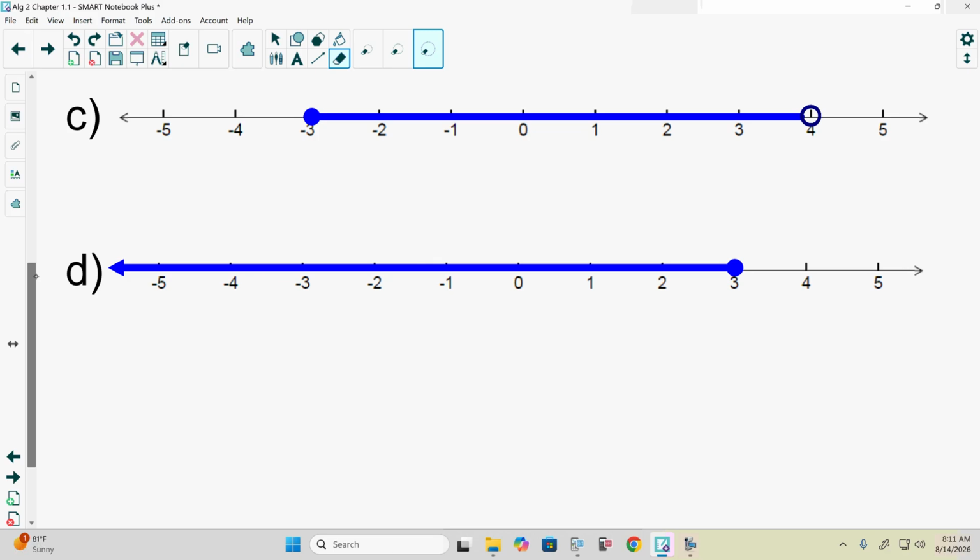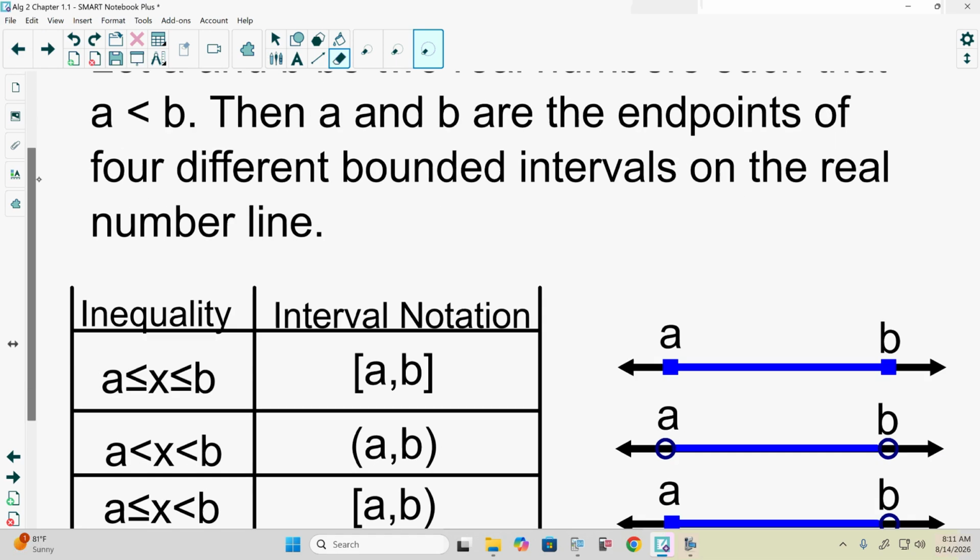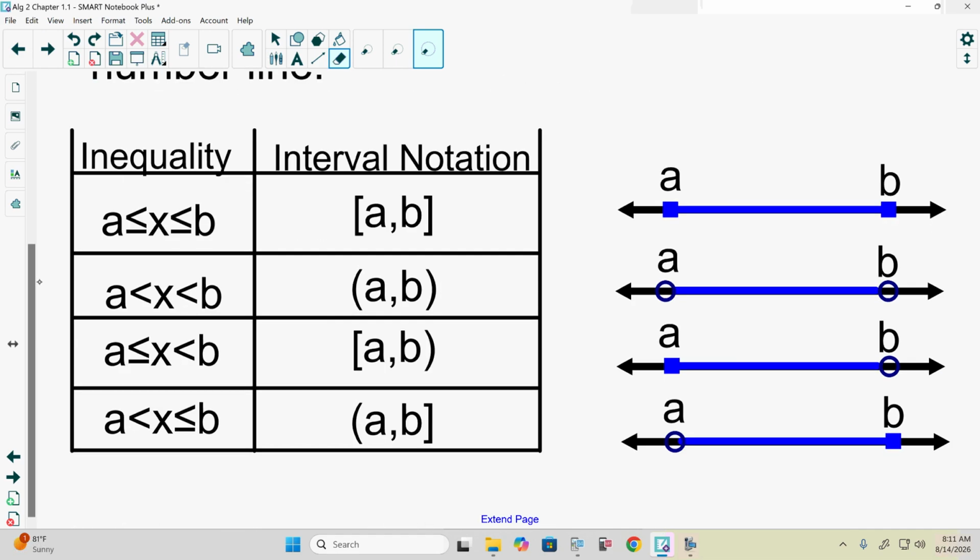All right. Let's look at C. -3 is one of the endpoints and 4 is the other. We are bounded, yes? Well, we can't use the chart because it only gave us intervals and inequalities, yes? I gave you graphs too, didn't I? Which one of these 4 is it?